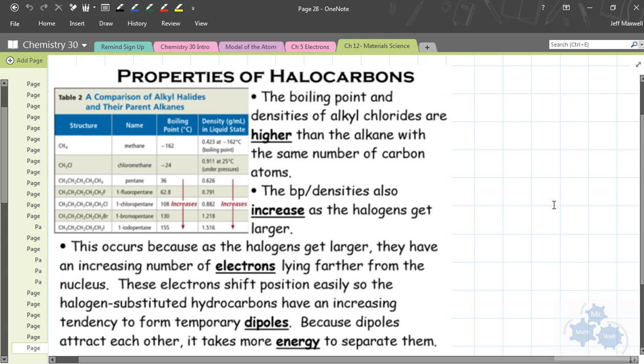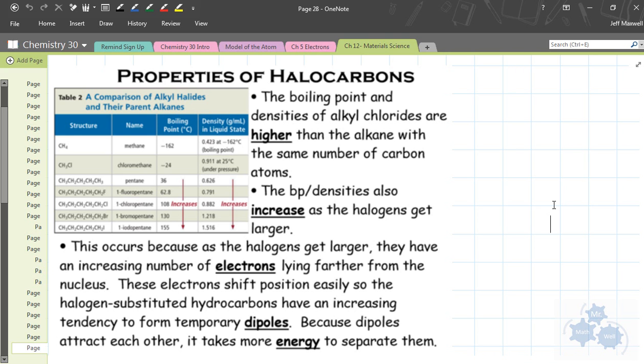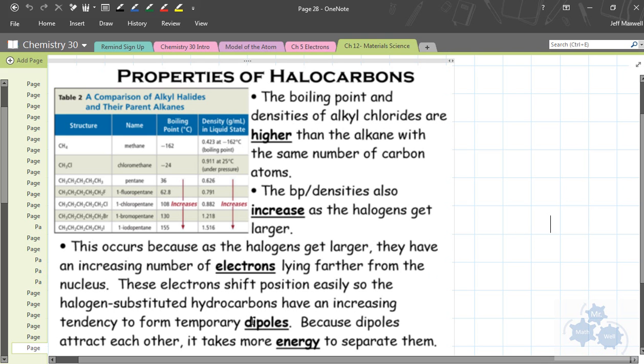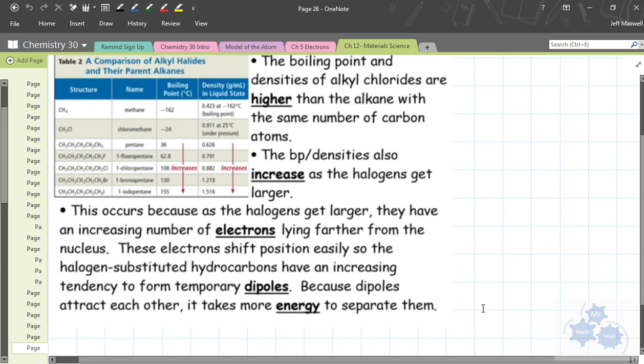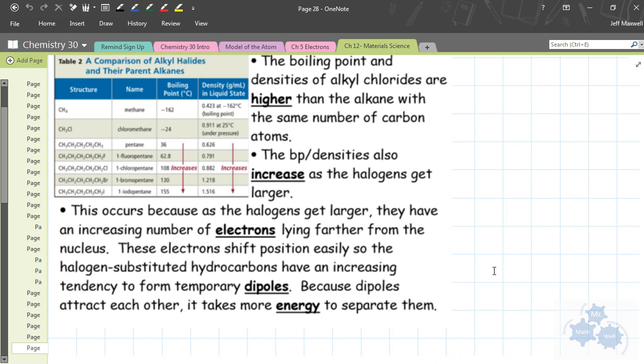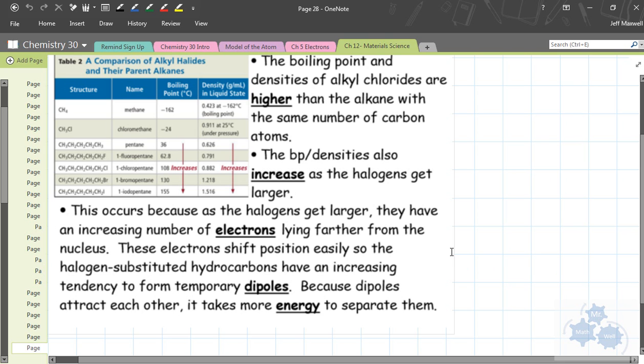Within a molecule, there's a positive end and a negative end, or there's polarity there. Opposite, two poles, positive, negative. Because these dipoles attract each other, it takes more energy to separate them. Similar to hydrogen bonding in water. Because water is a polar molecule, the positive end and the negative end attract each other from the other molecules, and so it raises the boiling point.